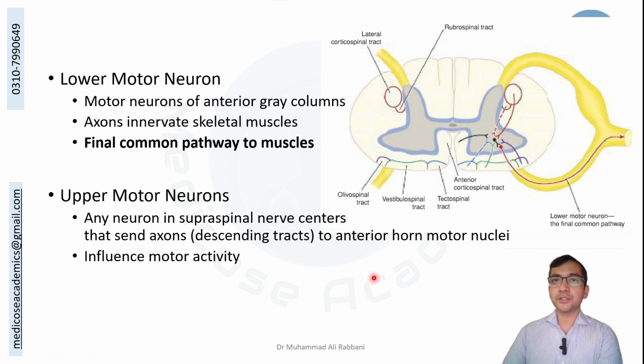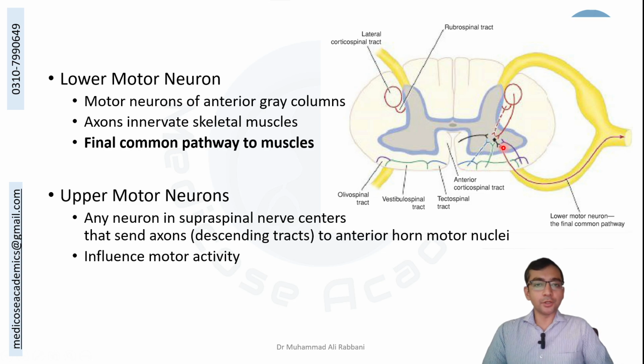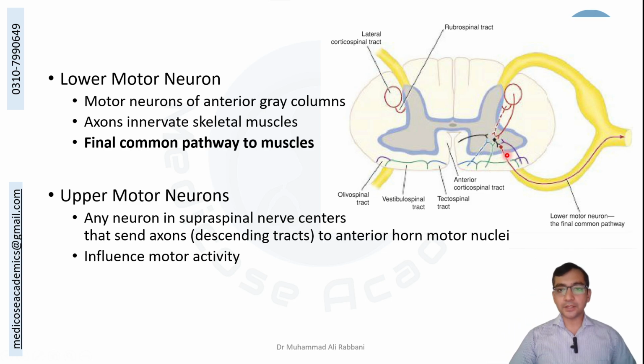Before jumping into the tracts, this is the terminology that I wanted to make clear. What is a lower motor neuron and what is an upper motor neuron? The lower motor neuron is the last neuron, the alpha motor neuron of the gray column that is going to innervate the muscle.